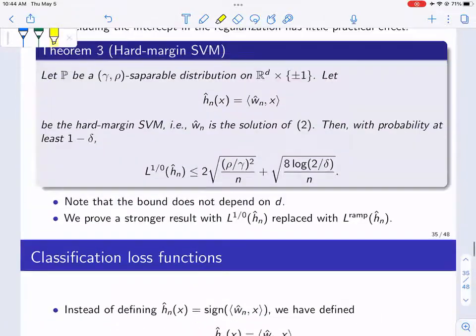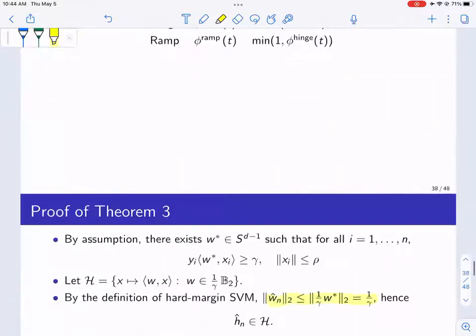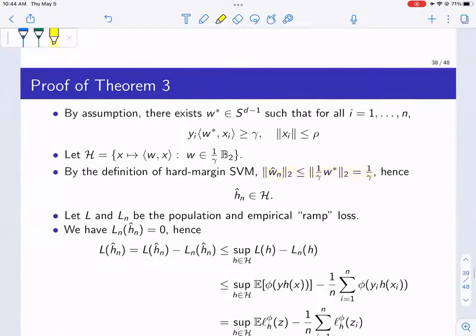That's the hard margin classifier. So we put it there: W hat n is the argmin of the norm of W subject to yi W xi bigger than or equal to 1 for all i.